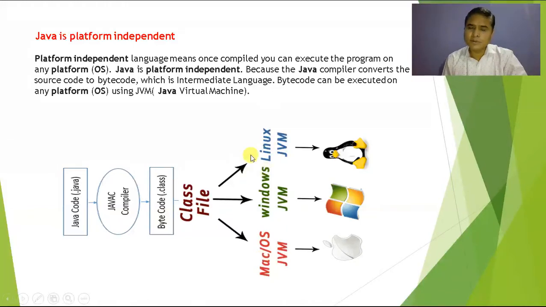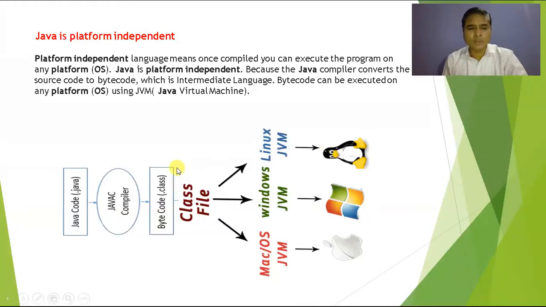Each machine has its own JVM, Java Virtual Machine, which translates it into the corresponding native language.